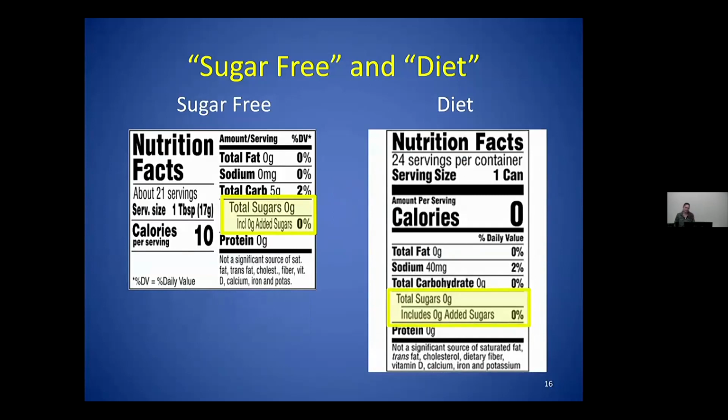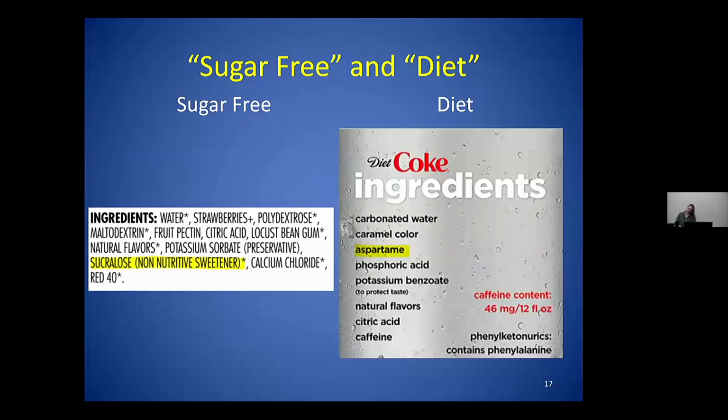So going back to the label that Emily showed you, this one shows that there's no sugar in either of these products. And we would think this is good, right? Because it should be sugar-free if it's advertised or marketed this way. But if we look further down and investigate a little bit deeper, we find that in the ingredients, there are these non-nutritive sweeteners present.